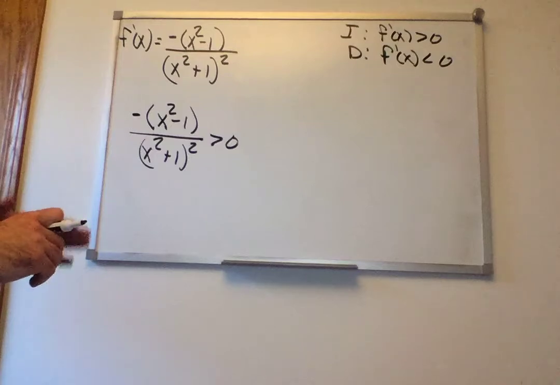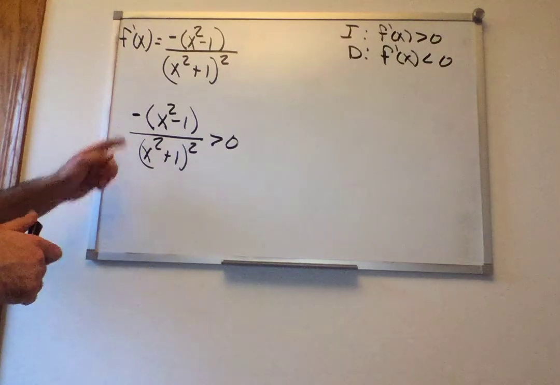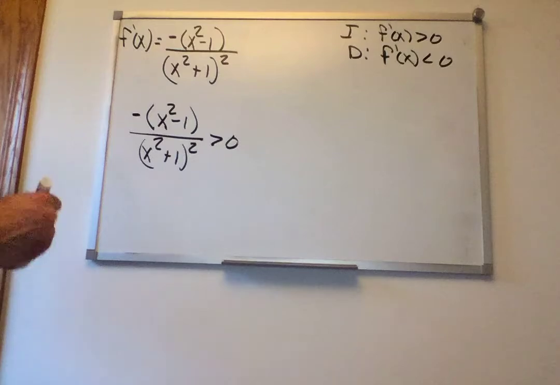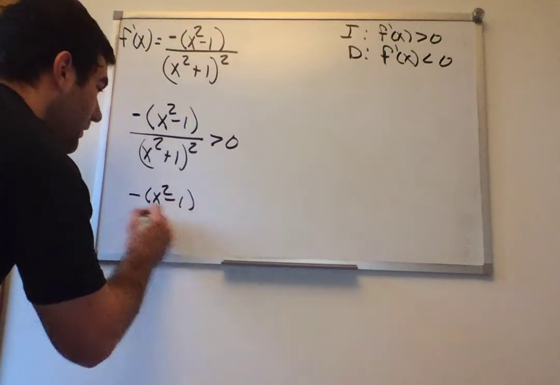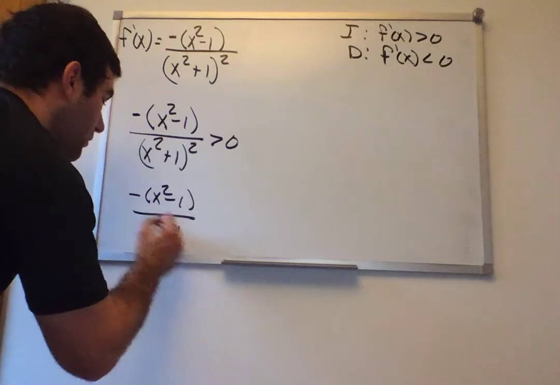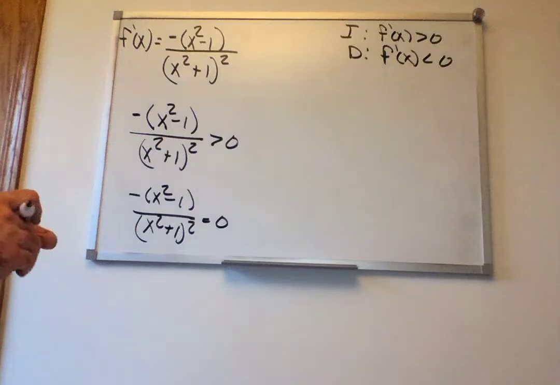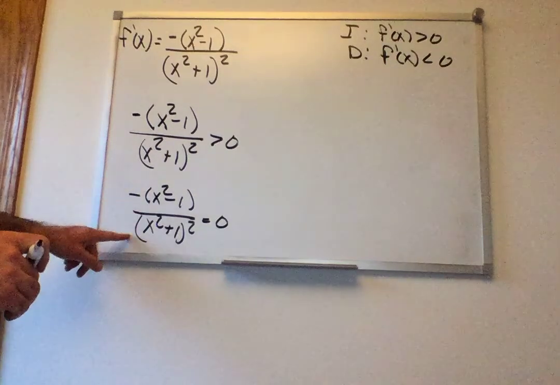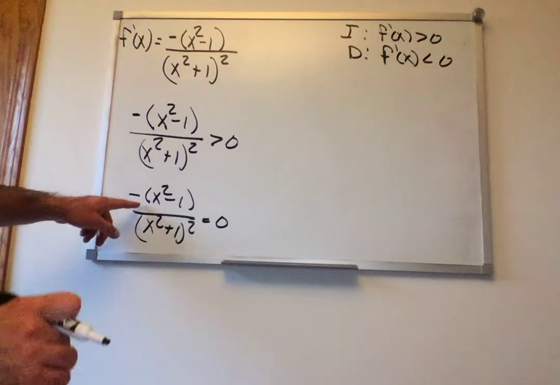To do a rational inequality, it's a lot like doing a polynomial inequality, whereas you need to find where the zeros of the function are. So that's saying, take the equation and set it equal to 0 and solve. Now, since it's a rational function, the only time a rational function can be 0 is if the numerator is 0.